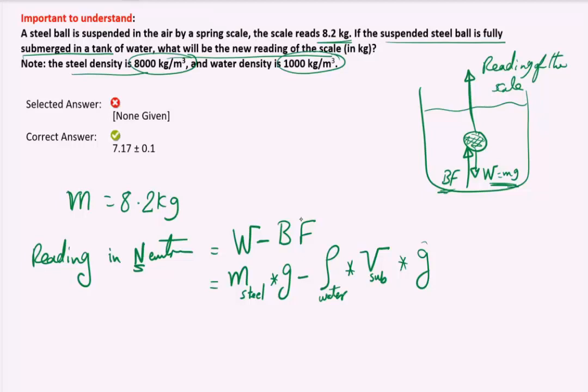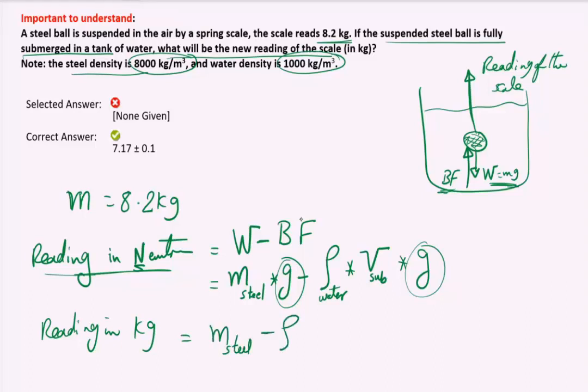Of course, if we divide over gravity, we will get the reading in kilogram. So it's mass of the steel minus rho of the water times the submerged volume, or the volume of the steel itself. So now I divided over g to make it easier.